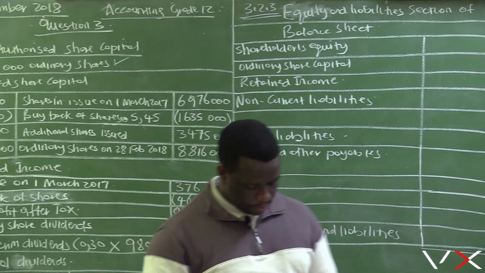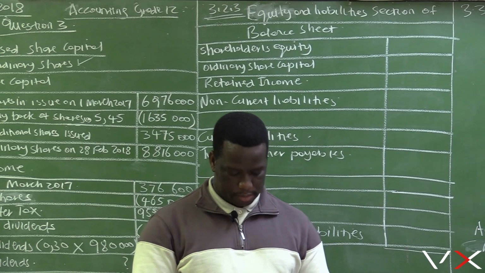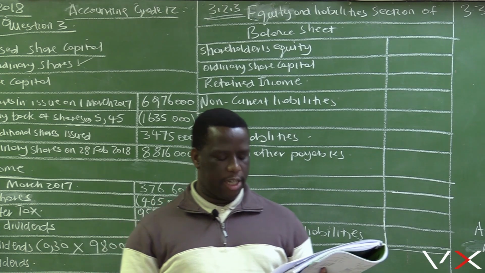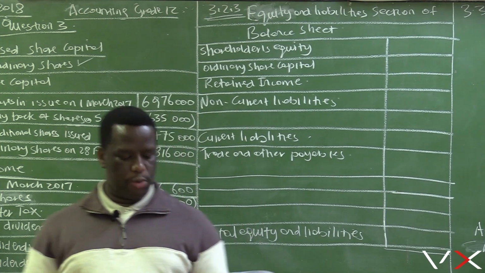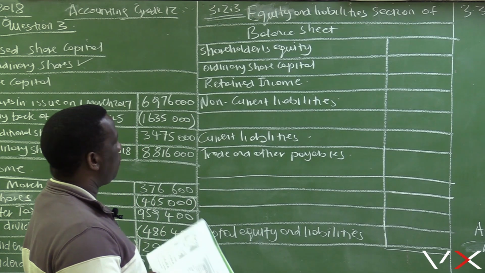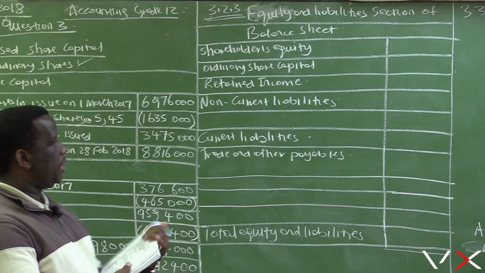3.2.3, let us read the instruction here. It says, equity and liabilities section of the balance sheet for 16 marks. We are required to do the equity and liabilities section of the balance sheet, and this is what was given in your answer sheet.